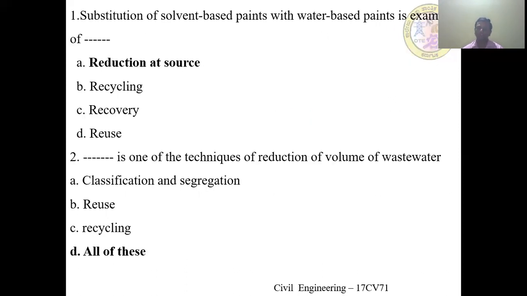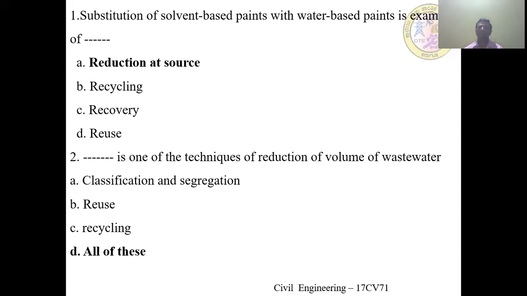Okay, these are the methods we can use for reduction in volume. At the beginning only, we segregate and separate the different types of wastewater originating from the different processes or operations. Okay, let us discuss some MCQs.